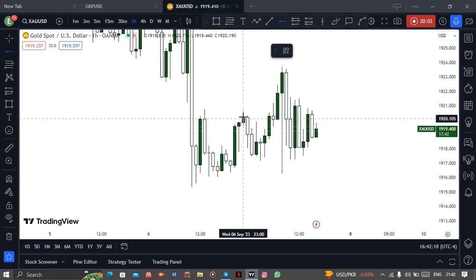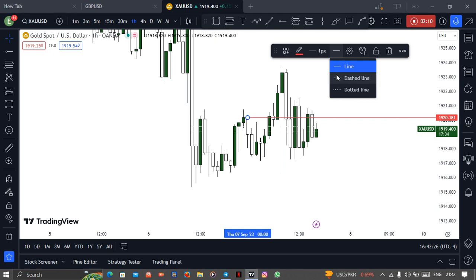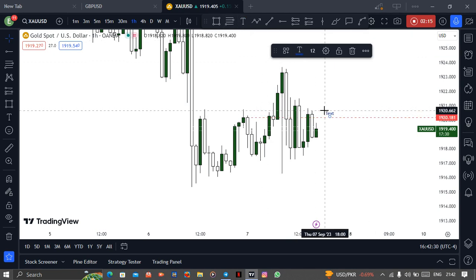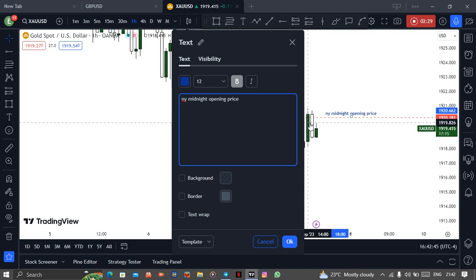It is based on New York time. So I mark out the opening price for that particular day, which is this particular price here. That was the opening price for today. So I would usually mark it as NY midnight opening price.